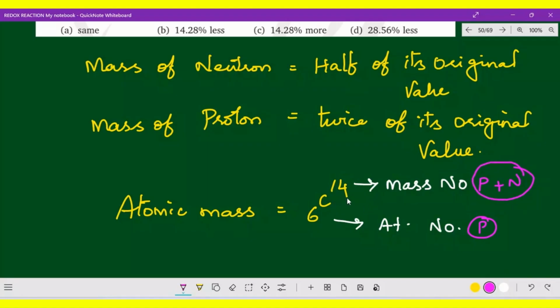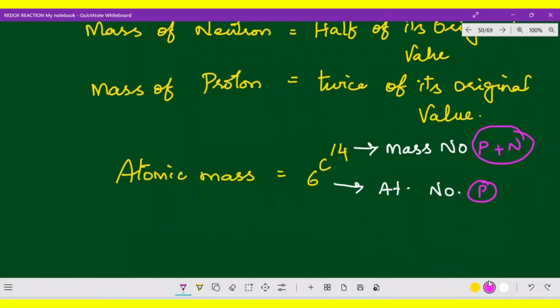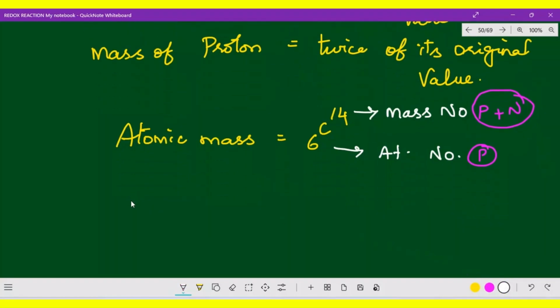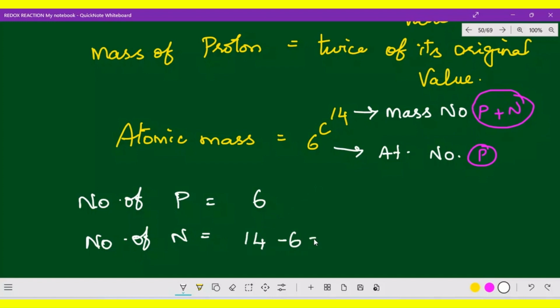Now this is an element, and here we can identify very easily. The number of protons is 6. The number of neutrons: mass number means protons plus neutrons, right? So 14 minus 6, you will get 8. So the number of neutrons is 8.